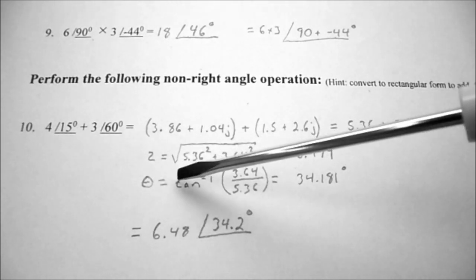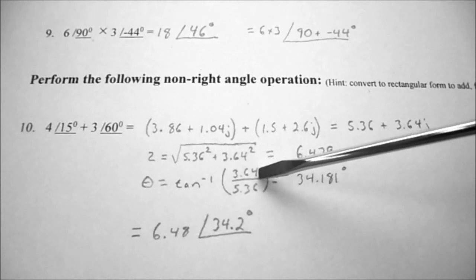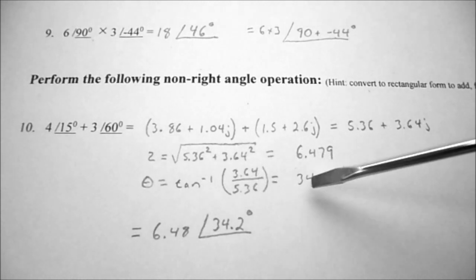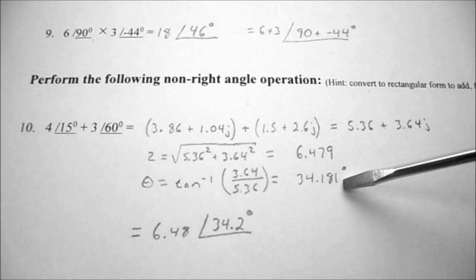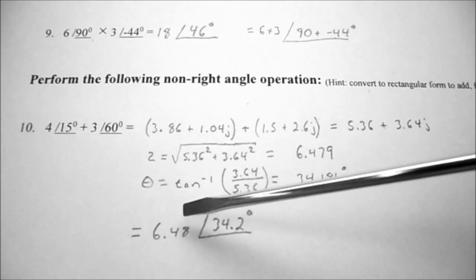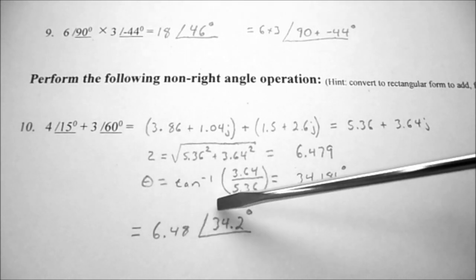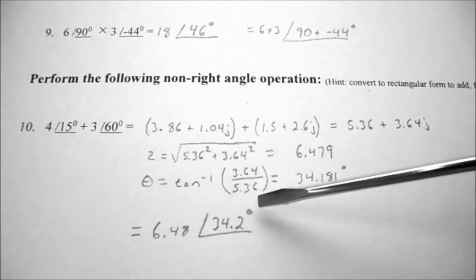The angle is equal to arctan of 3.64 divided by 5.36, which is equal to 34.181 degrees. So rounding up my answers, I come up with an answer of 6.48 at an angle of plus 34.2 degrees.